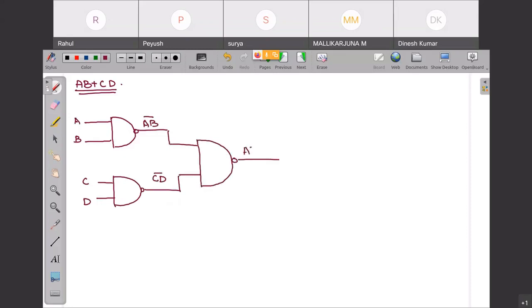So this will be AB complement dot CD complement whole complement.